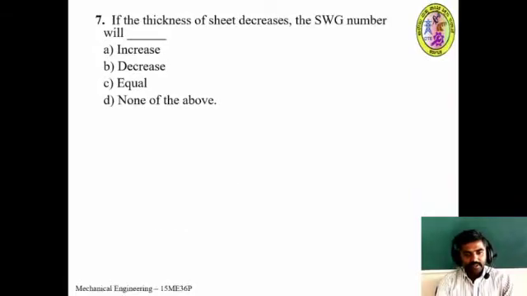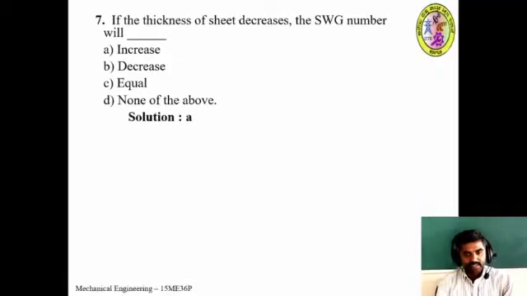Next one: if the thickness of the sheet decreases, the SWG number will, thickness of the sheet goes on decreasing, what about the SWG number? A, increases; B, decreases; C, equal; D, none of the above. The answer is A, increases.